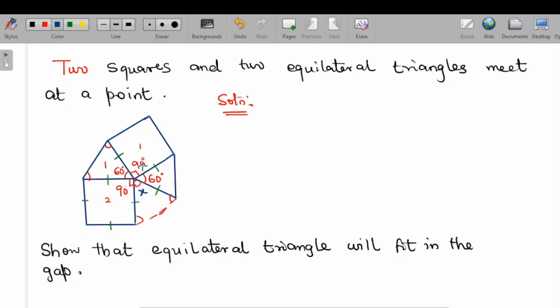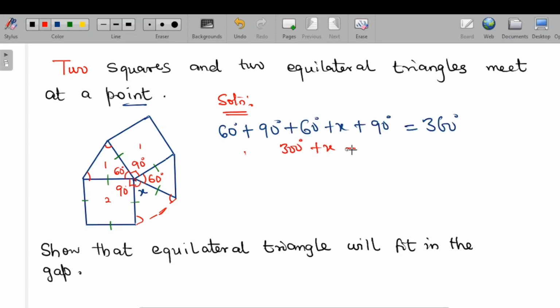So if we add all the angles at this point, remember they say they met at a point, all of them should give us 360 degrees. So we have 300 degrees plus x is equal to 360 degrees. That means x is equal to 360 minus 300, which is equal to 60 degrees. So we found one of the angles to be 60 degrees.